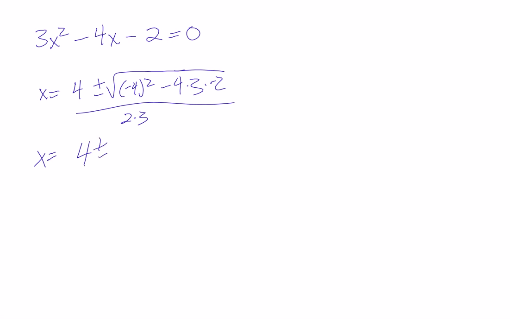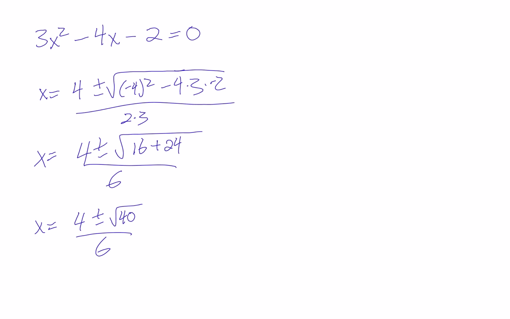When we work out the square root, 4 squared is 16, minus 4 times 3 is 12, negative 12 times negative 2 will be plus 24. So we will have the square root of 40 over 6.